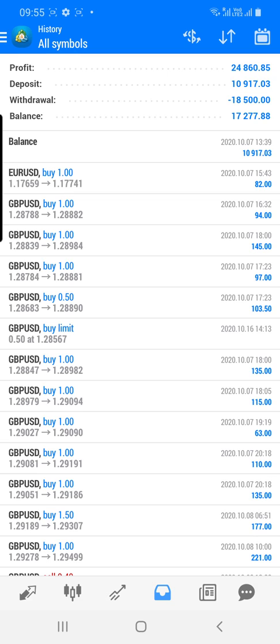Like I've told you guys before, when I started trading forex, I used about $300 to start. I grew it to 1,000 before depositing $450.